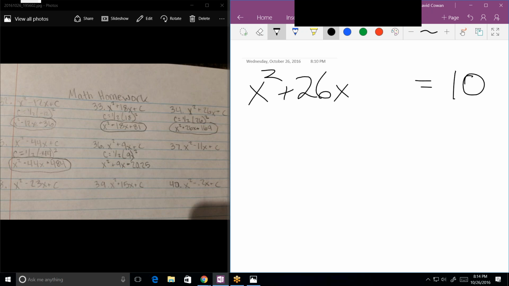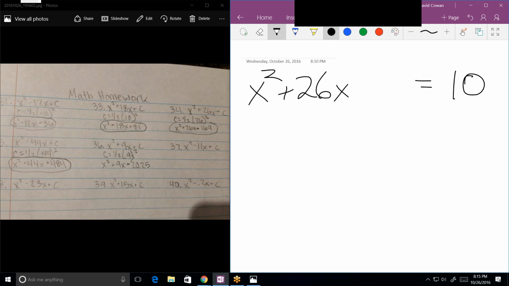Well, I could move the 10 over and have minus 10, but then I can't factor it. It doesn't factor. I could use the quadratic formula as one alternative, but I can also solve it by completing the square. Since that's what this homework is about, let's use completing the square to do it.